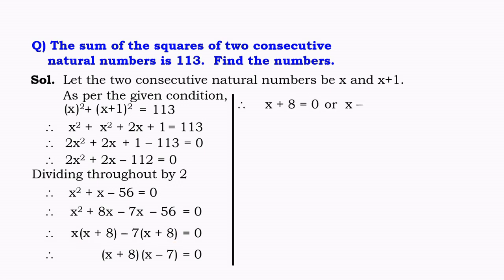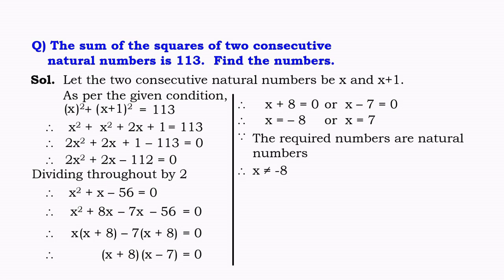Therefore, x plus 8 equals 0 or x minus 7 equals 0. So, x equals negative 8 or x equals 7. Since the required numbers are natural numbers, we reject negative 8.